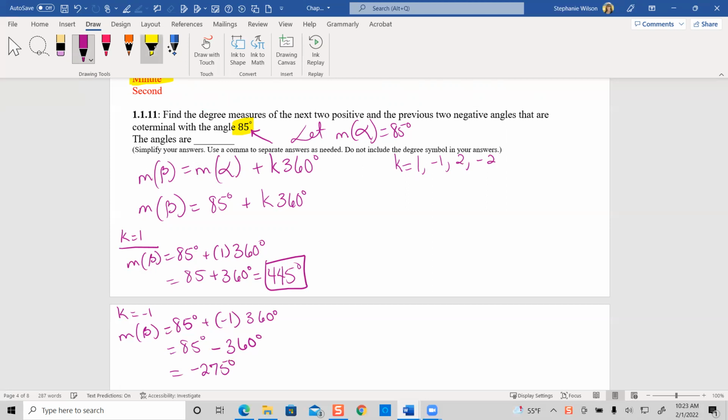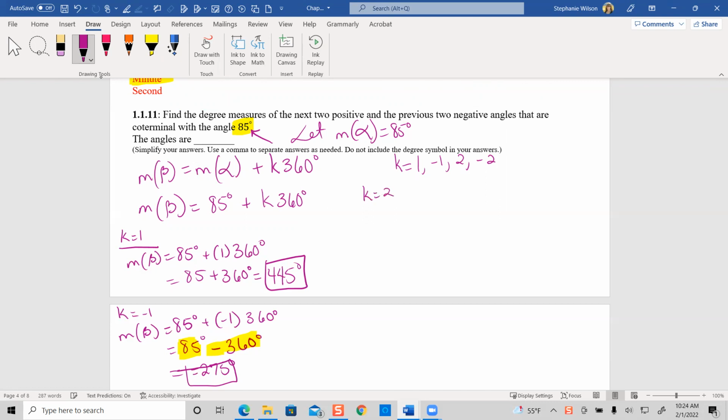Guys, if you have issues with signs, what you need to do is say, okay, I have $85 in the bank and I spent 360. So you're in the hole. So sometimes that will help you. Now let's put a box around that. So when the constant is -1, my beta is negative 275 degrees.